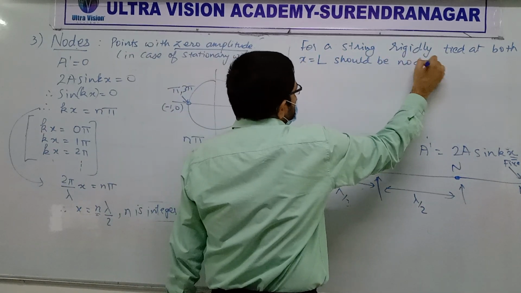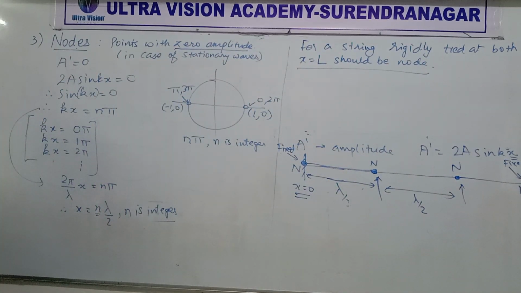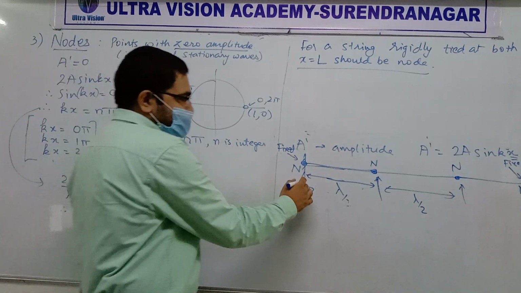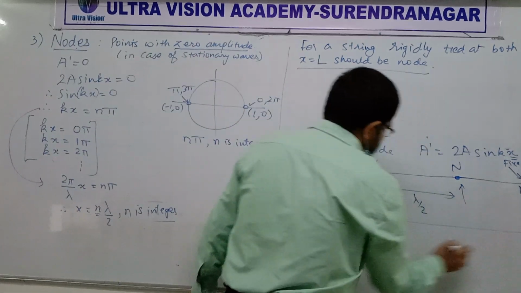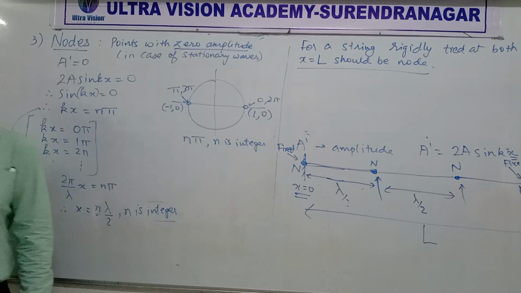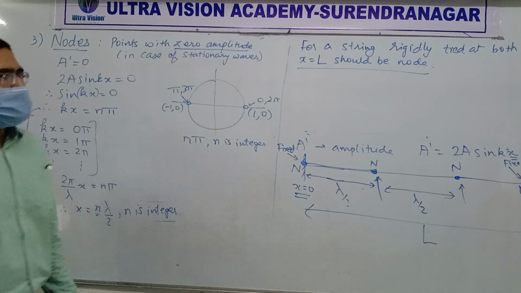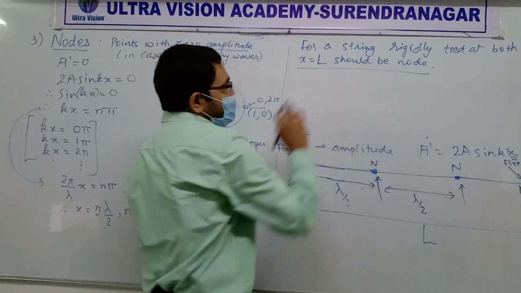Did you understand this sentence, everyone? X equal to L should be a node. Why x equal to L? If this is x equal to 0, then all the way till there, this is length of string, isn't it? So x equal to L should be node.